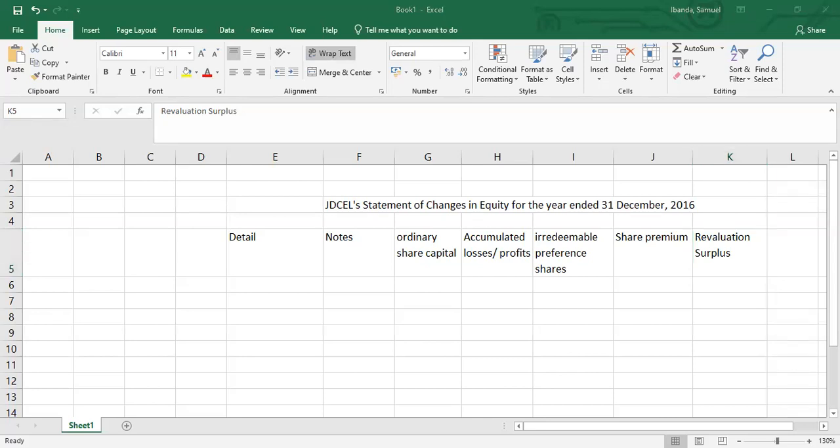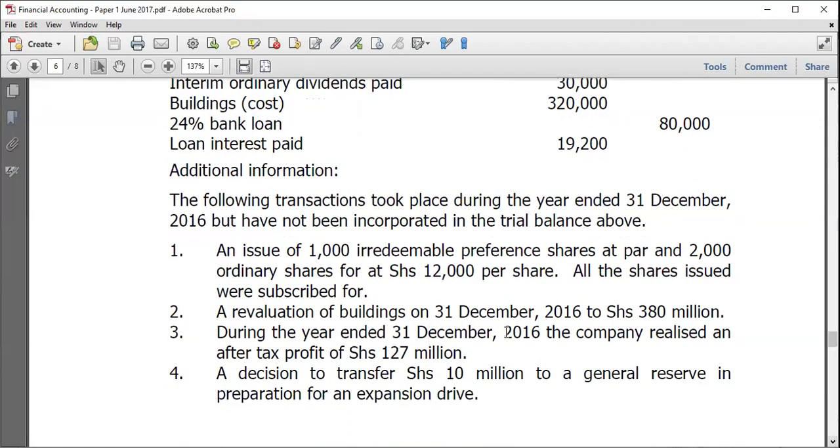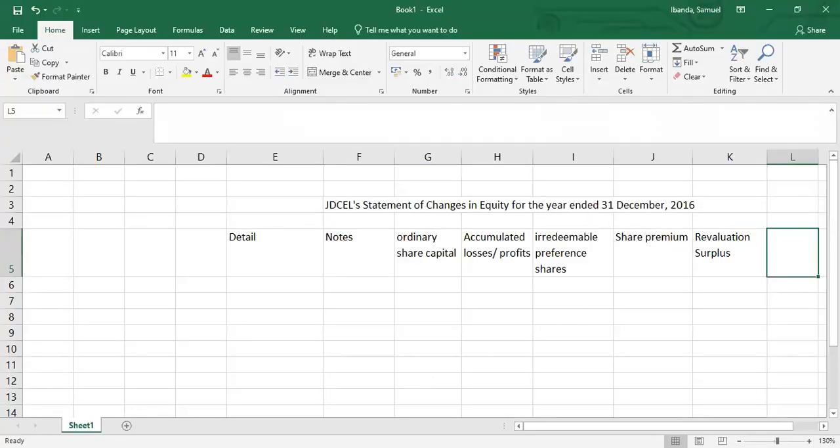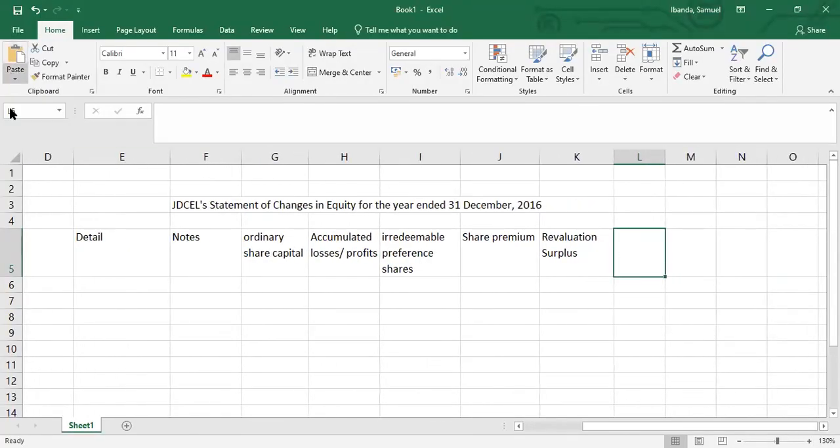And then the other column that I will have is a general reserve. Let me just try to put that there. So those are the columns we have for now.